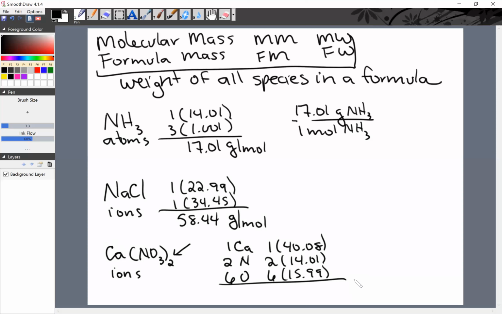Okay, if I did my math right, 164.04. All right. That is how you would determine the molecular weight or the molecular mass. And it works for molecules and it also works for the ions and in ionic compounds.